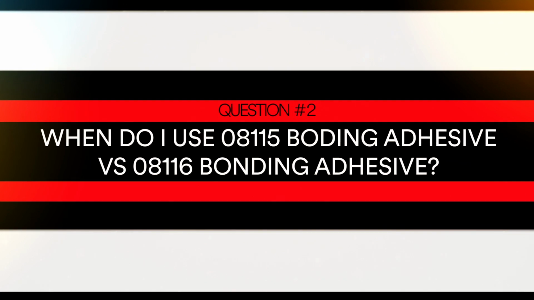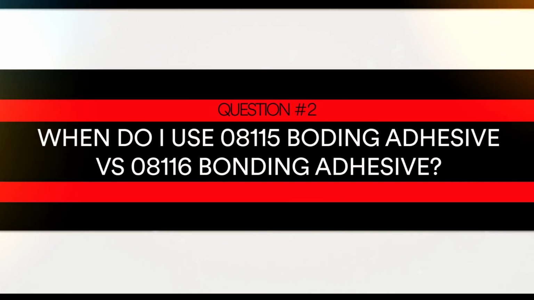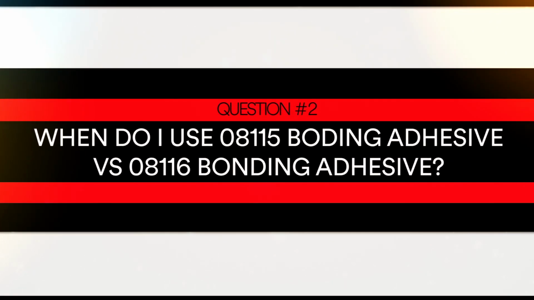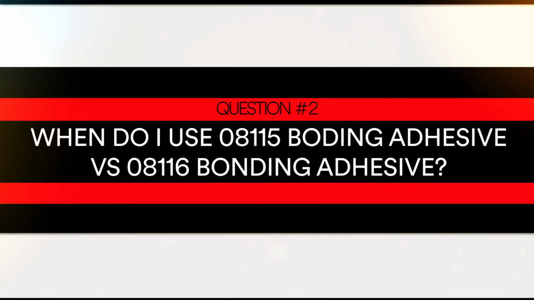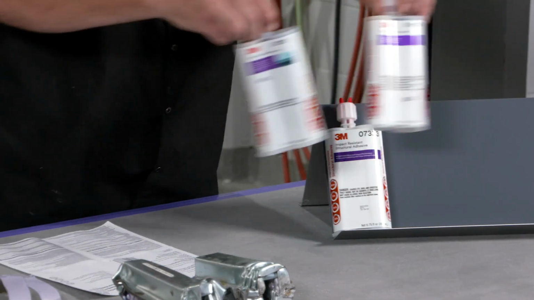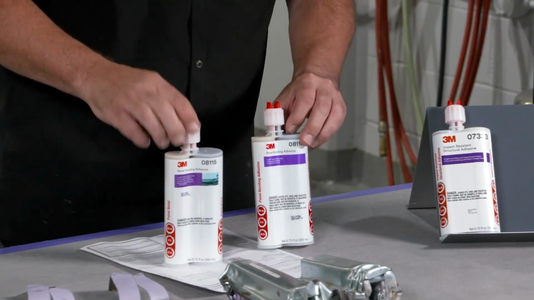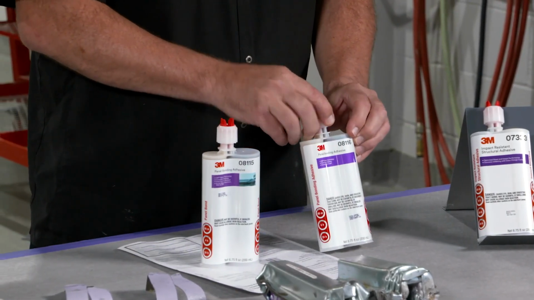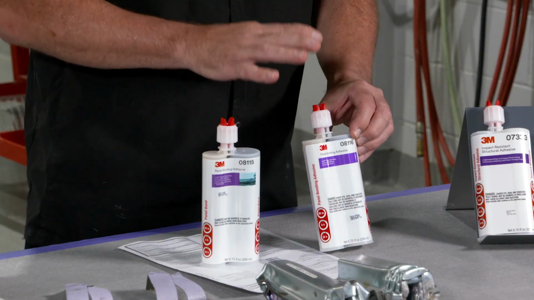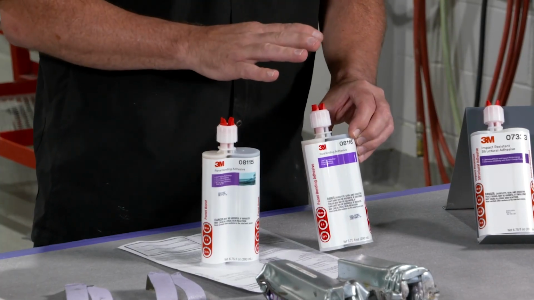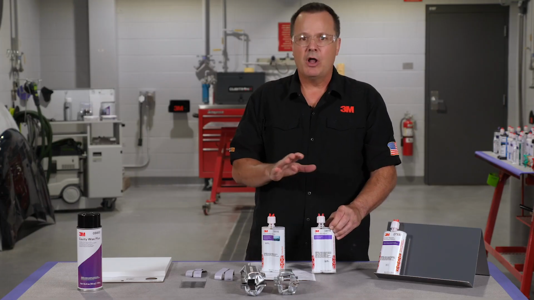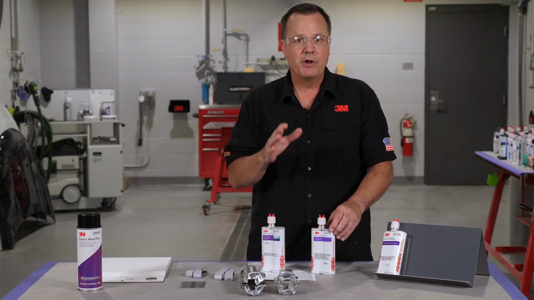Okay, question number two. When do I use 8115 bonding adhesive versus 8116? So what are the differences? The main difference is 8116 was specifically designed to meet General Motors and Chrysler specifications. And it's all about the mode of failure.